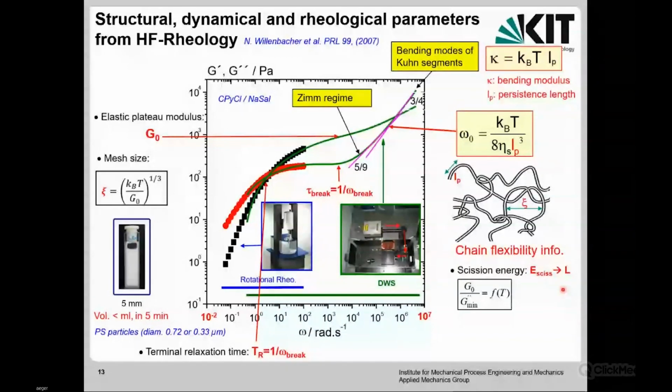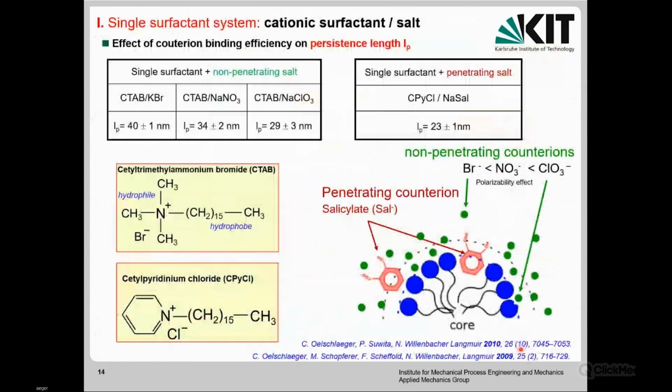And finally, using this relation, we can also determine the rotation time of this chain. This is in the fast breaking regime. So you see, for simple rheological measurements done in 5 minutes, we can, for this type of worm-like micelles, characterize around 7 to 8 parameters.